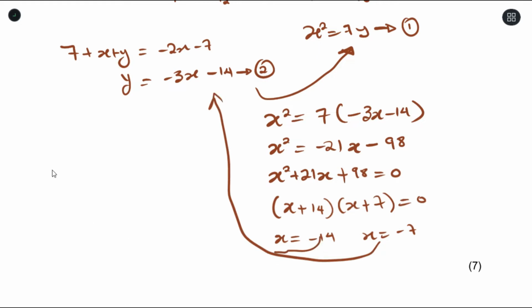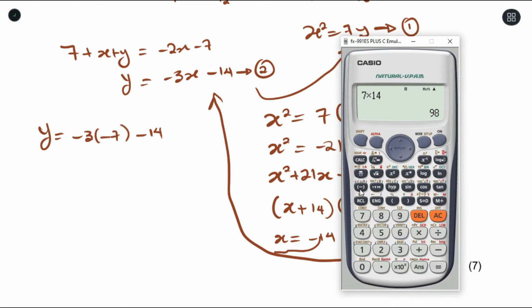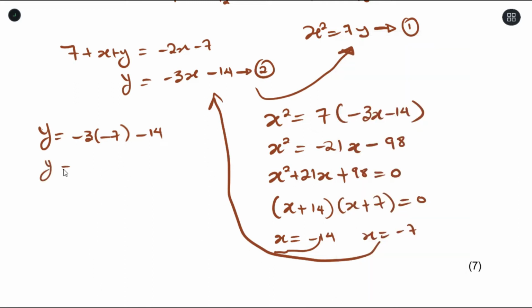So you're going to get y is equal to, let's start with negative 7. So this here is negative 3 times negative 7, minus 14. This gives you 7. So y here is 7.